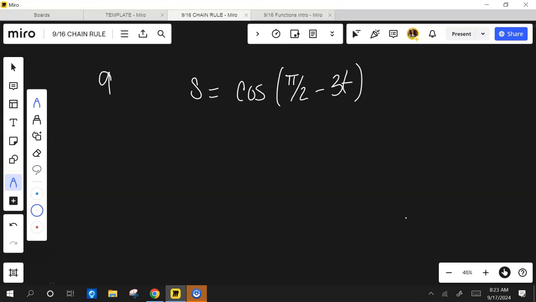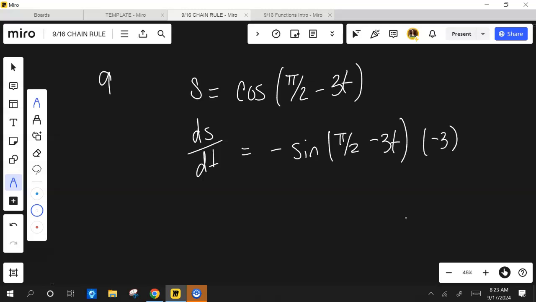There's no power, so move on to the trig. Negative sine. Everything inside stays the same, times negative 3. That's exactly right. The negatives make a positive. Thank you, Davis. 3 sine of pi over 2 minus 3t.